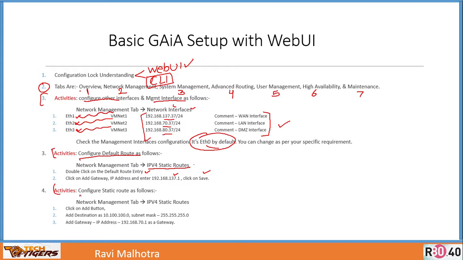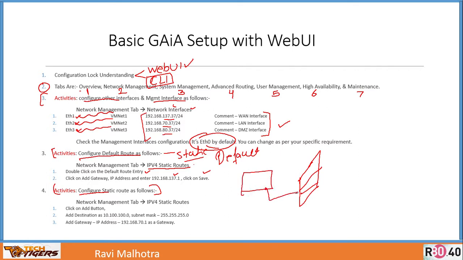The next activity is configure a static route as follows. This one we configured was also a static route, right? But this was the default. This is going to be a static route. Now what it means is that, let's say my firewall is connected to a core switch. This is the LAN side interface.